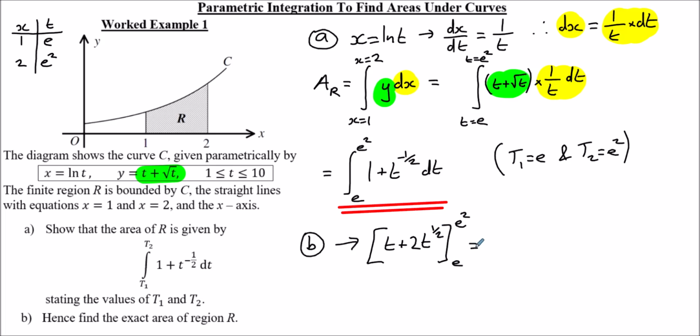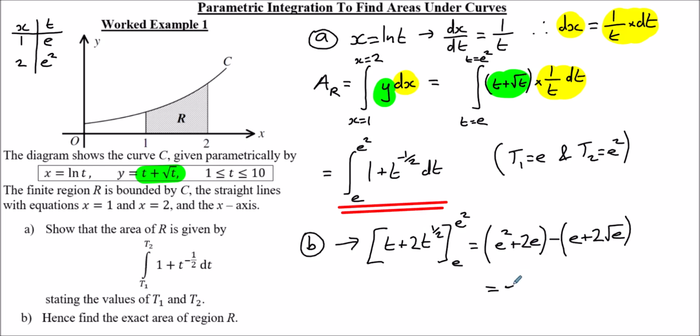And so when we do that, I'm going to get, first of all, e squared plus 2e, because the square root of e squared is just going to be e itself. So I get e squared plus 2e first, then minus off when t is e, that just becomes e plus 2 e to the 1/2, but I might just call it square root of e for now, because I'm about to give it in the final answer form.